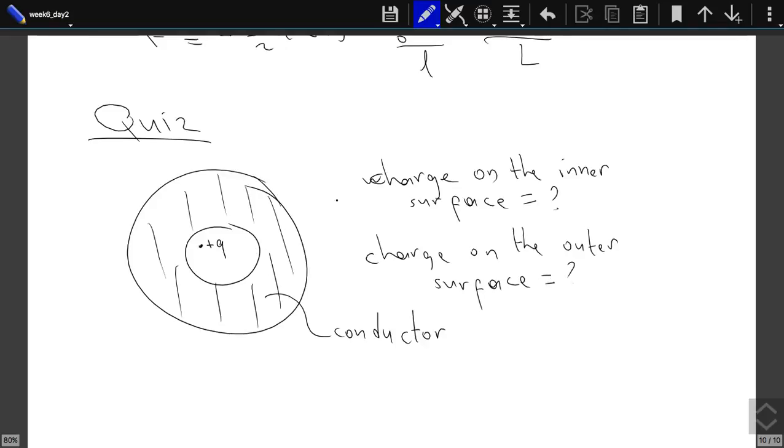Of course, the total charge on the surface, not just at a given point on the surface.